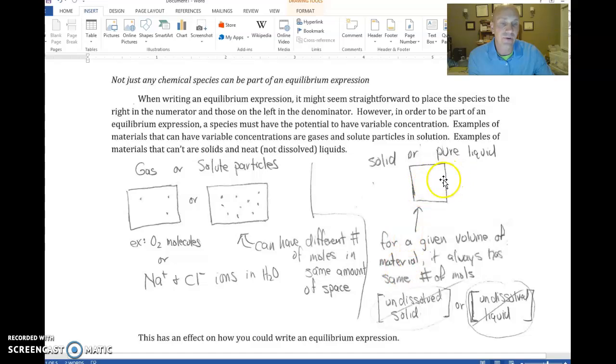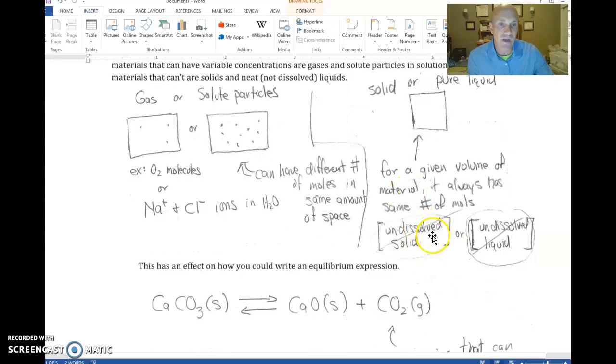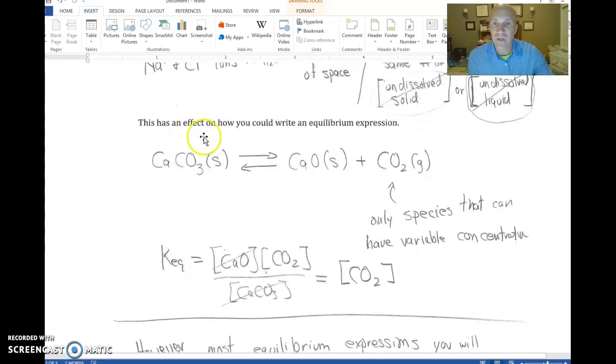Essentially, it's kind of meaningless to talk about the concentration of these types of things in the same way that we would of these types of materials here. So you would never talk about the concentration of an undissolved solid or an undissolved liquid. This is going to have an effect on the way that we write things.